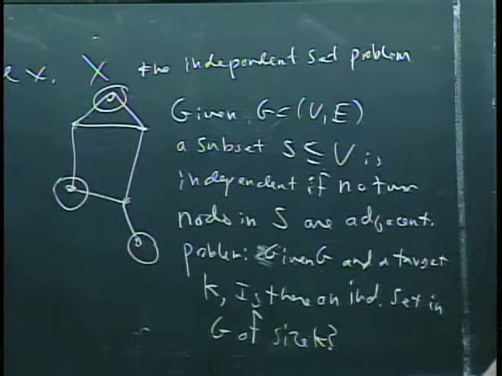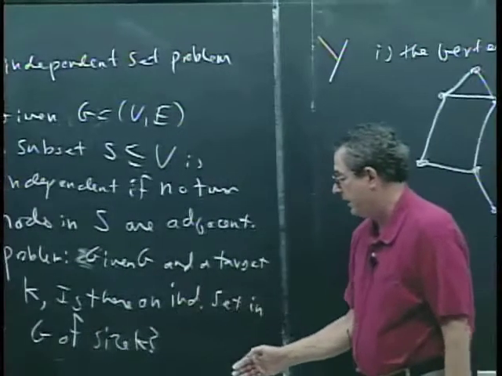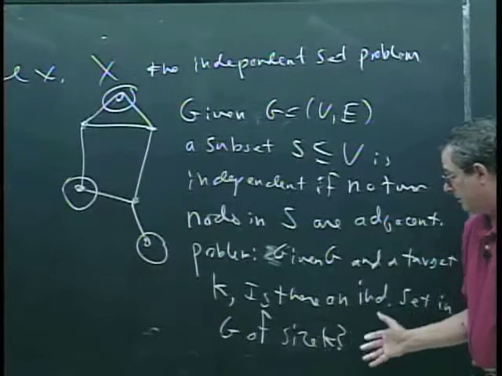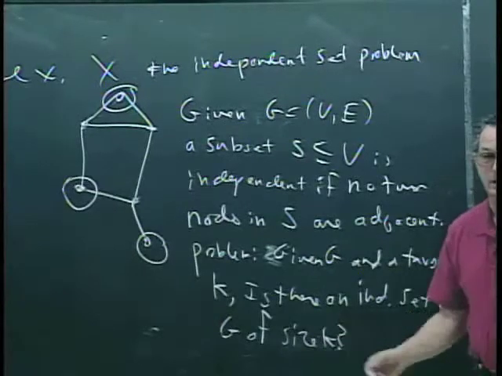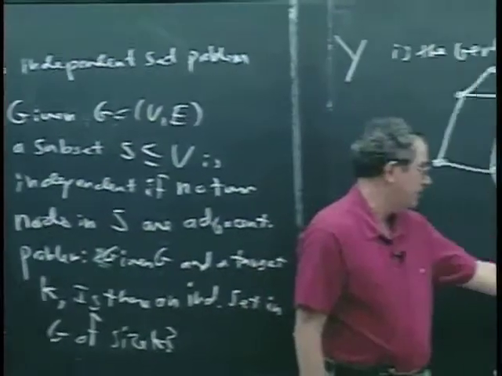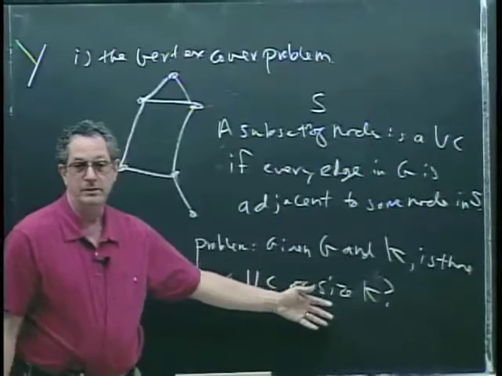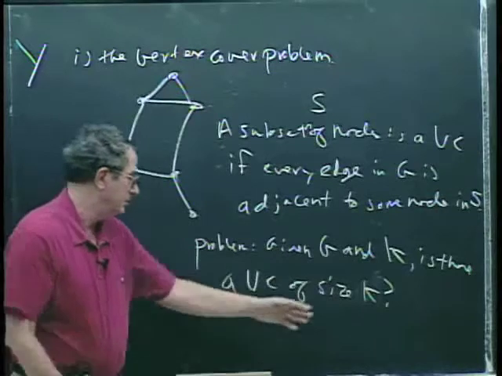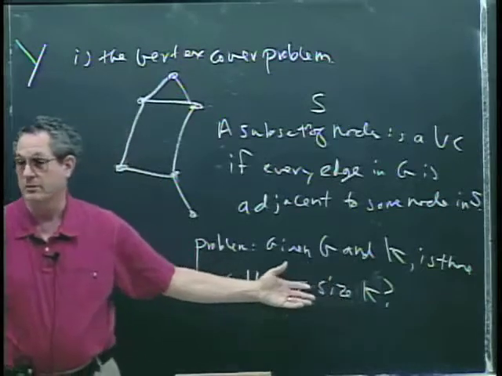But as I was saying earlier, if there's an independent set that's bigger than K, there's certainly one of size K. And if there's a vertex cover that's smaller than K, then there's one of size K, as long as K isn't bigger than the total number of nodes in the graph.